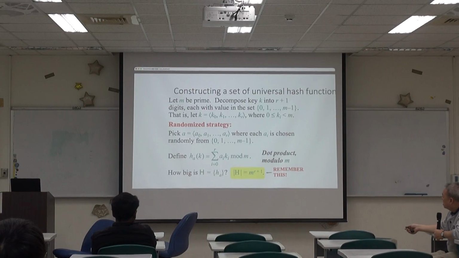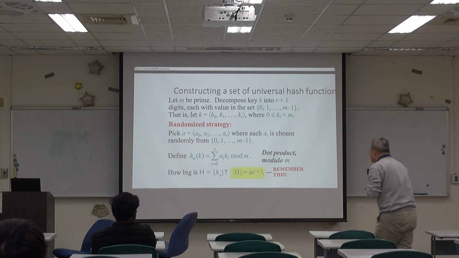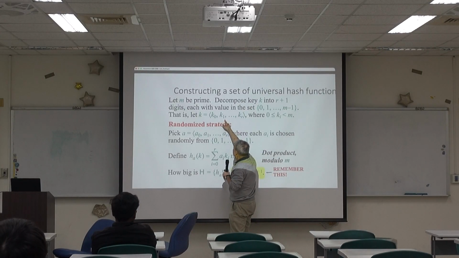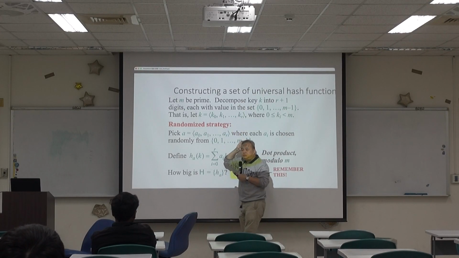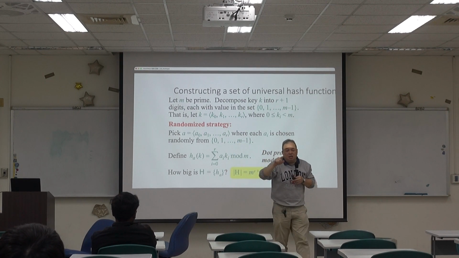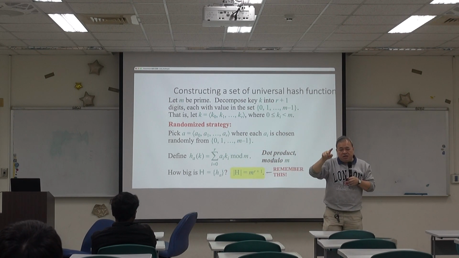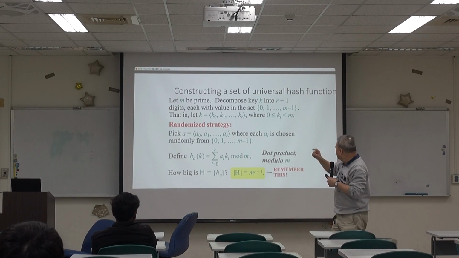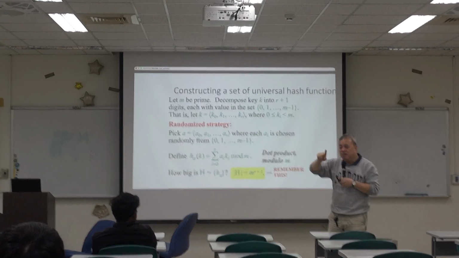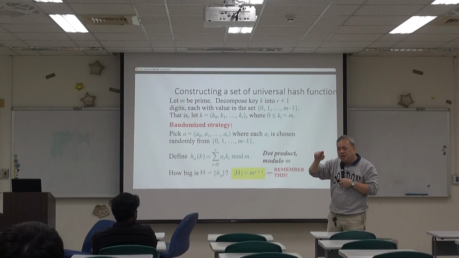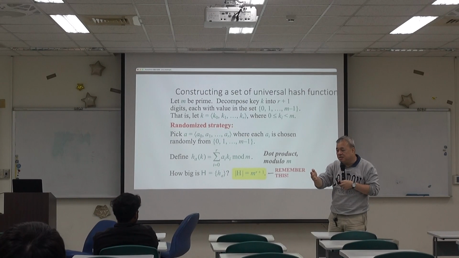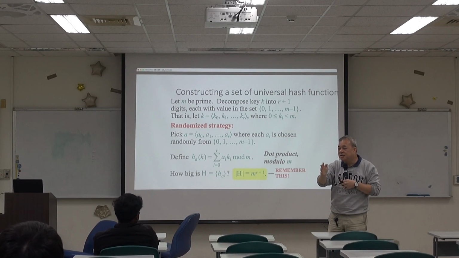So in other words, your key looks like this: k0, k1, and so on, to kr. And each ki has a value from 0 to n minus 1, so each ki has n different choices, right? So far so good, right? You guys with me, right?